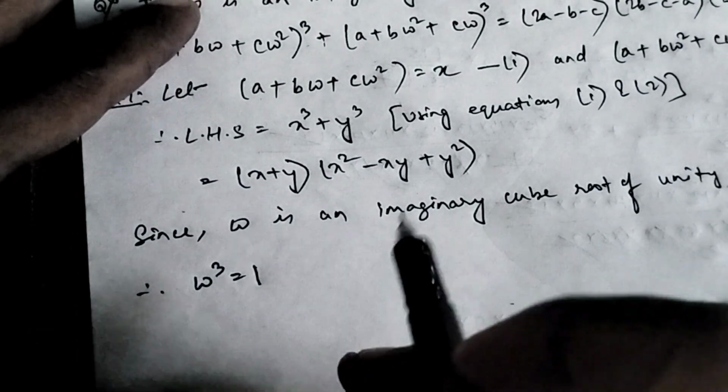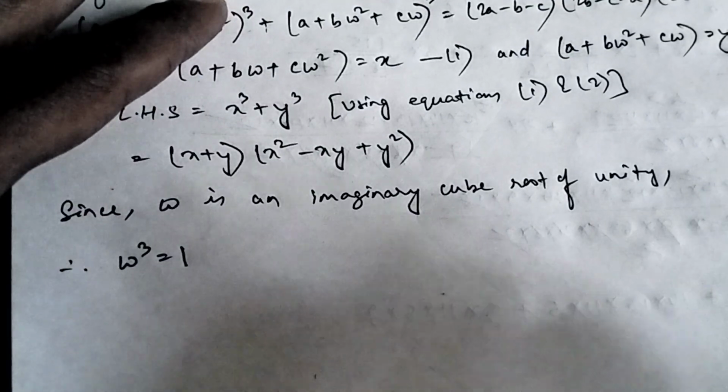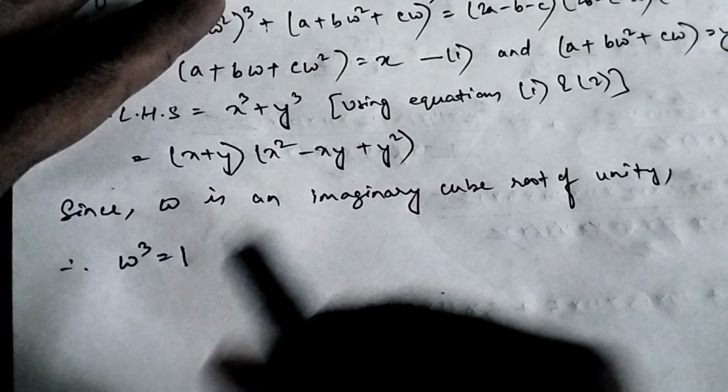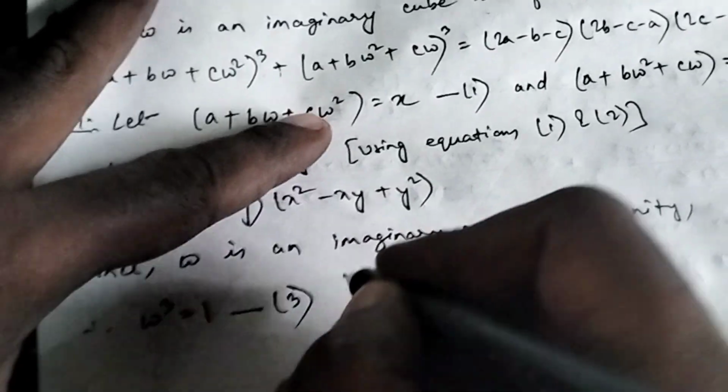That means omega is equal to cube root of 1, that means omega cube is equal to 1. Name it as equation 3.